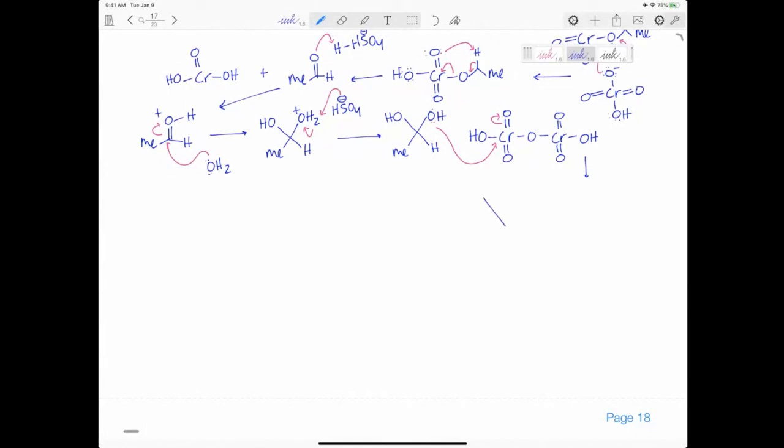So we have a hydrogen here with a positive charge.